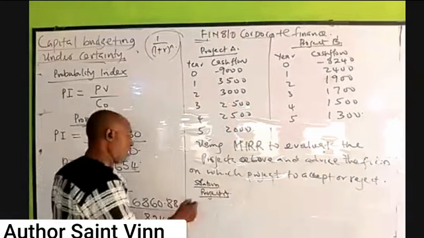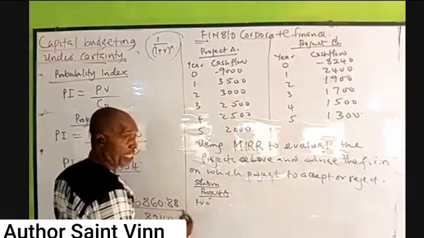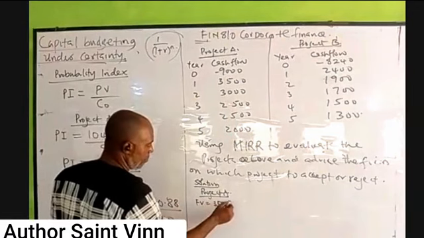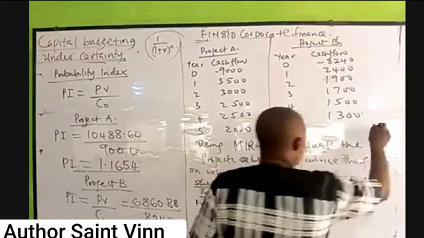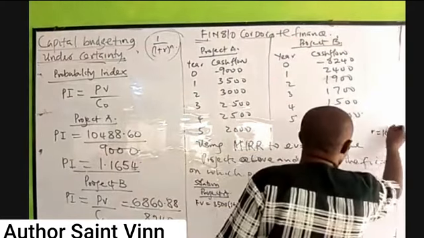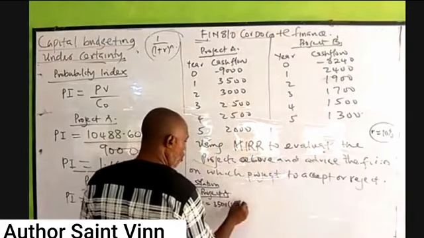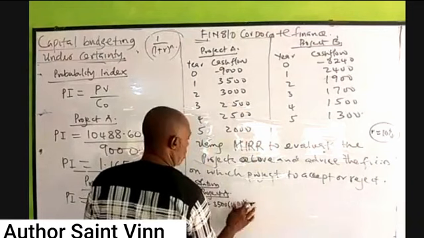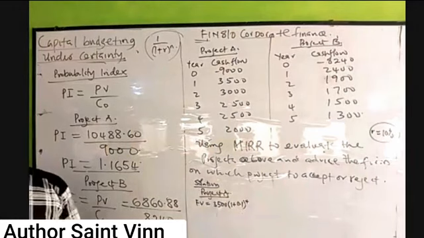Project A, 3,000. How many percent? Our R is 10%. We have not changed that. So yes, 0.1, raised to power 4. Agreed.